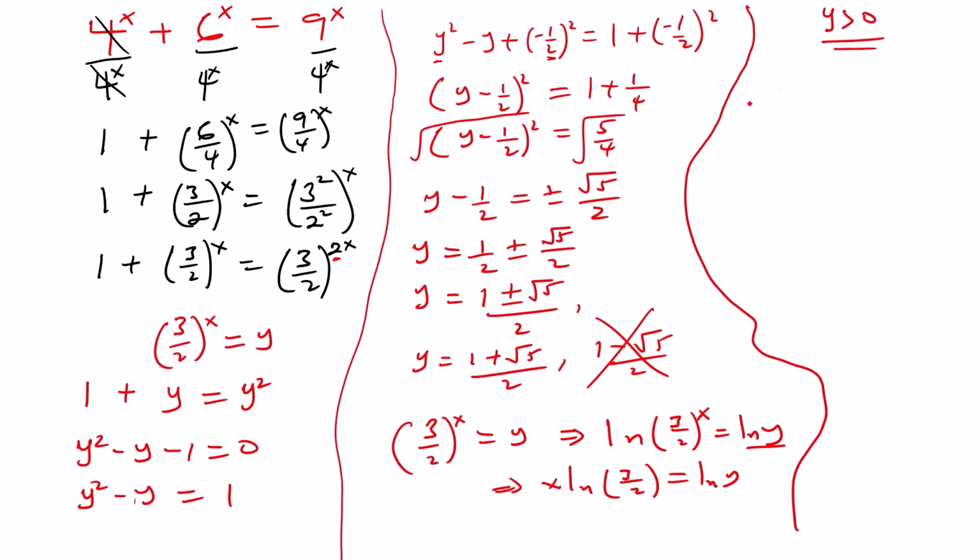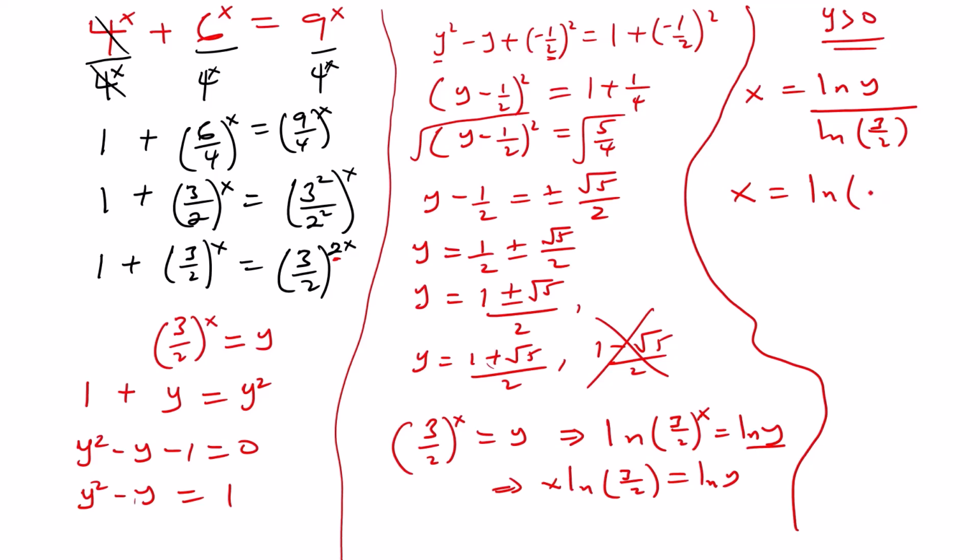So we have x equals natural log of y, and we are dividing both sides by natural log of 3 on 2. So we say y is 1 plus root 5 over 2.